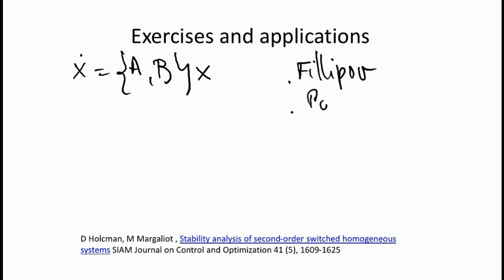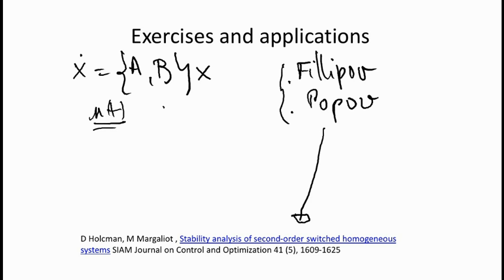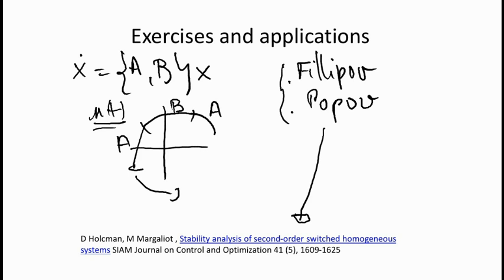Filipov, Popov, the Russian school, and I invite you to look at the following publication for some method that we developed a couple of years ago on this question, and how to find u of t, what is called the controller, that allows you really to use trajectories of A, then you glue to trajectories of B, again you glue to trajectories of A and B and so on, so that you can create a limit cycle and not fall into the spiral.